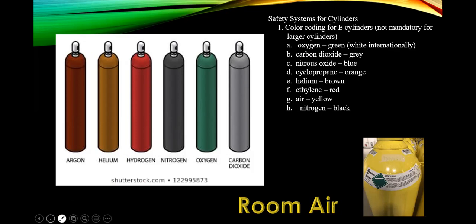When I say safety, I'm saying keep me from inhaling nitrous oxide. I'm thinking I'm getting oxygen, but I accidentally got nitrous oxide because I was colorblind. So what else could you do? Because all the gases come in all the different sizes. What else could I do that would keep me from inhaling the wrong gas?